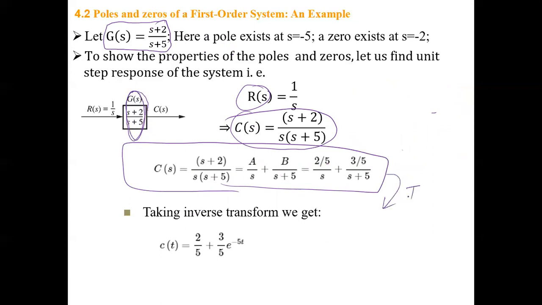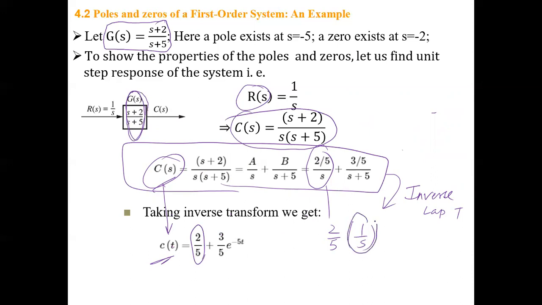What is the inverse Laplace transform of C of S? It is c of t, right? This can be written as 2/5 times 1/S. So 2/5 stays, and the inverse Laplace transform of 1/S is simply 1. Then 3/5 stays, and the inverse Laplace transform of 1/(S plus 5) is e to the negative 5t.